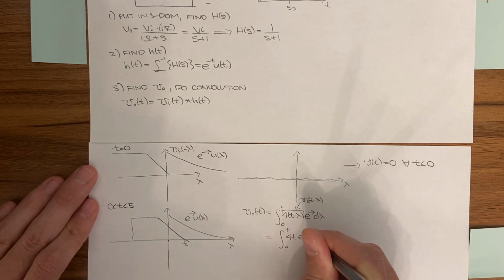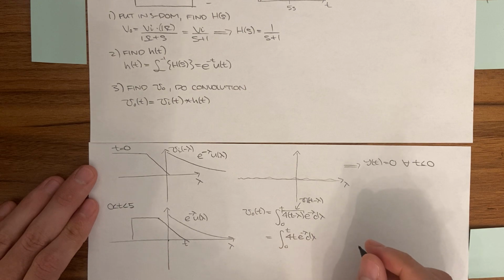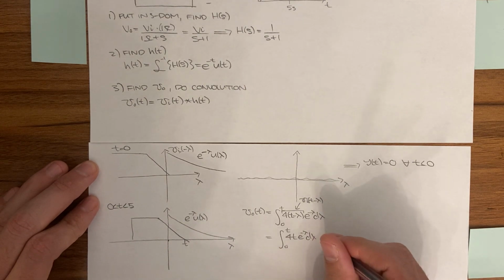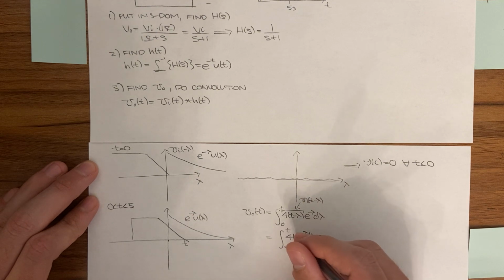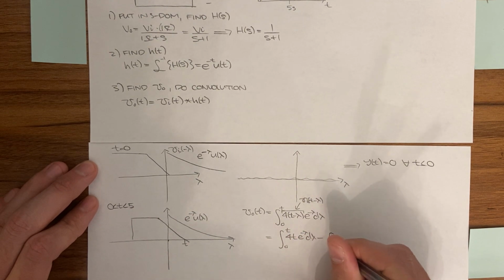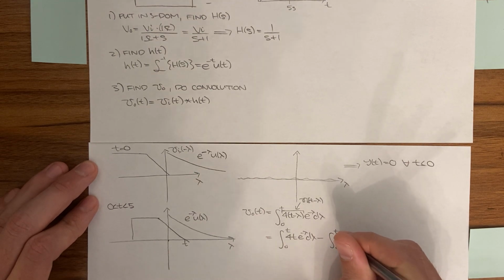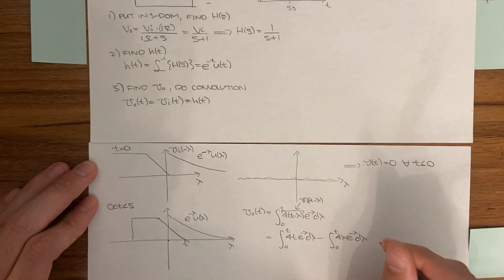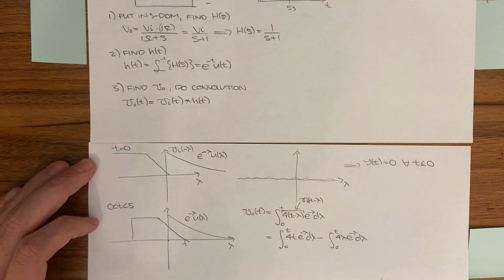Okay, so we can simplify this integral quite a bit, and it generally kind of sucks, to be honest. You have this integral, which is fine. That's just a norm. We can take the 4t out in front, but this one, on the other hand, is not as straightforward. So this is going to be 4 lambda e to the minus lambda d lambda. That's going to require integration by parts.